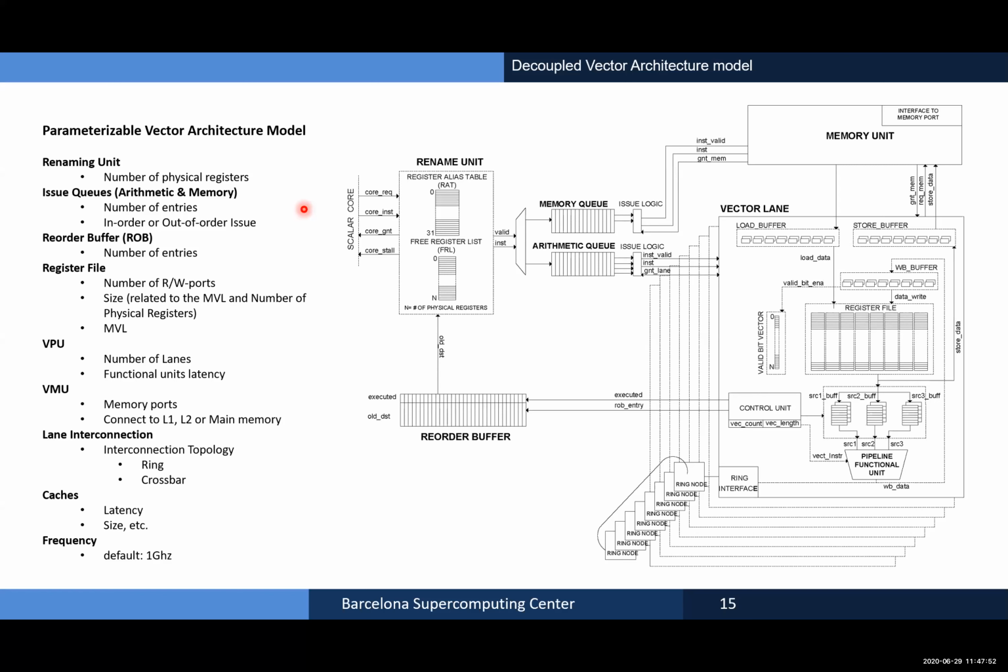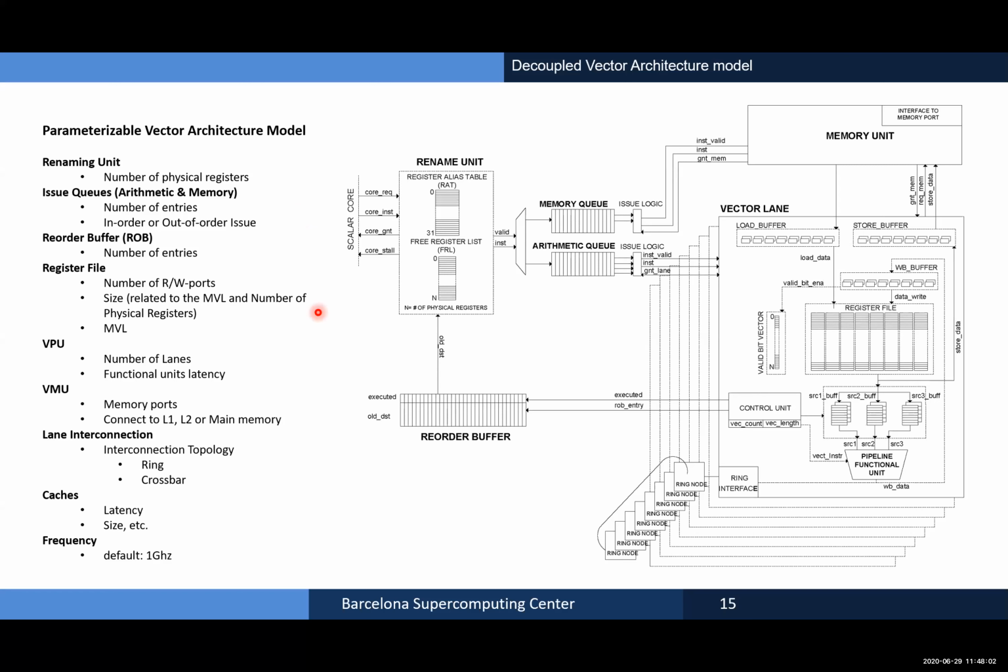We developed this also to model the work that we have been doing in the European Processor Initiative, where the idea is to design a vector processing unit. In the simulator, it's parameterizable, so we can set different blocks.